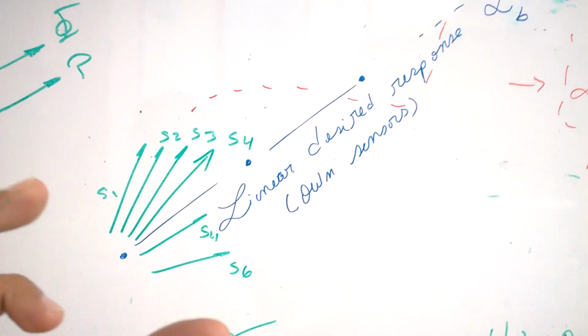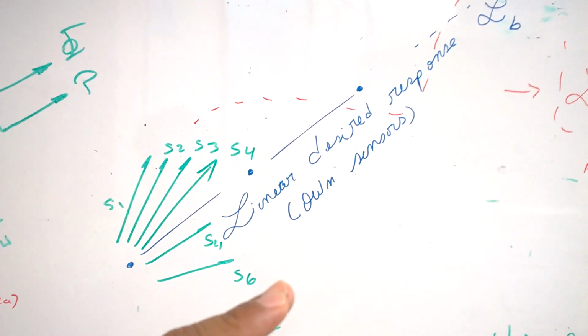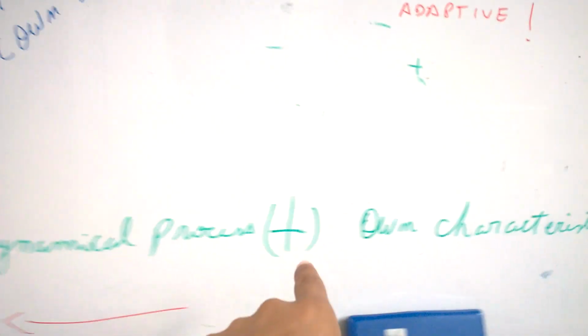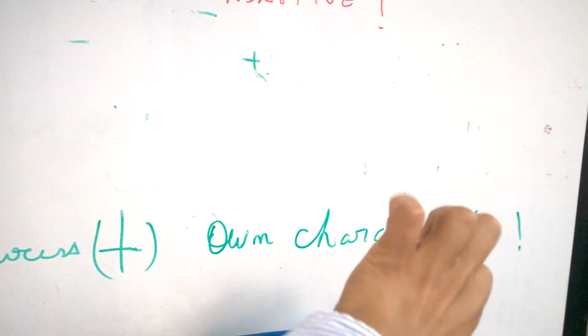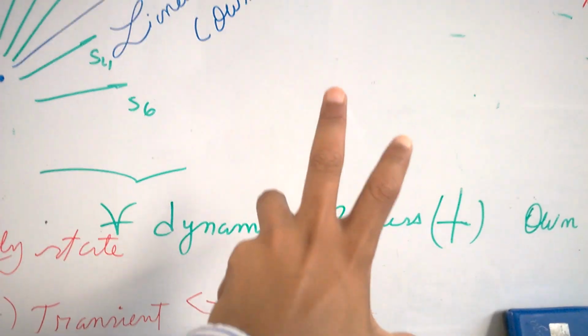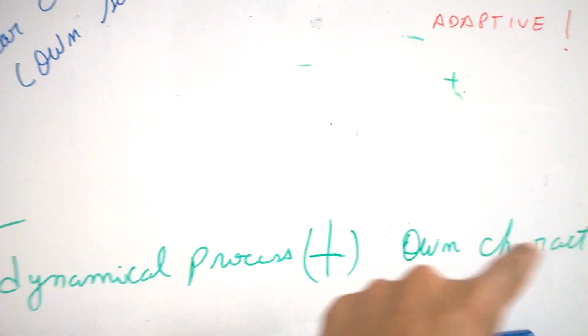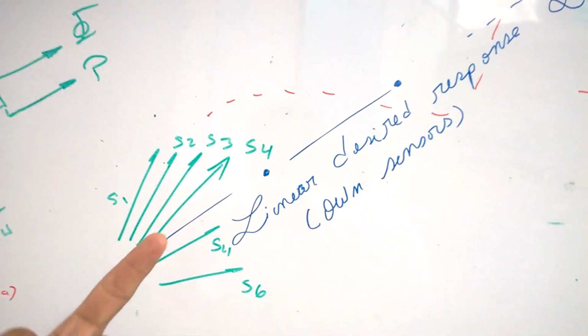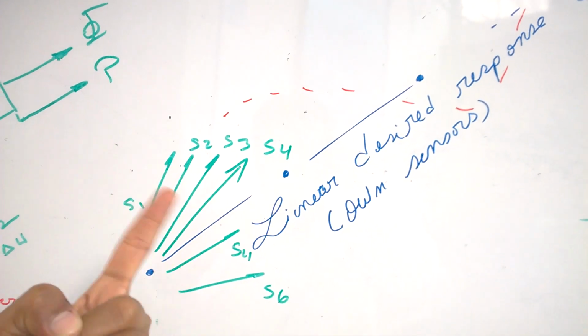But when we integrate a sensor with the system, if we add or join its own characteristic with the process characteristic, of course we will have trouble. Of course we will have delays.